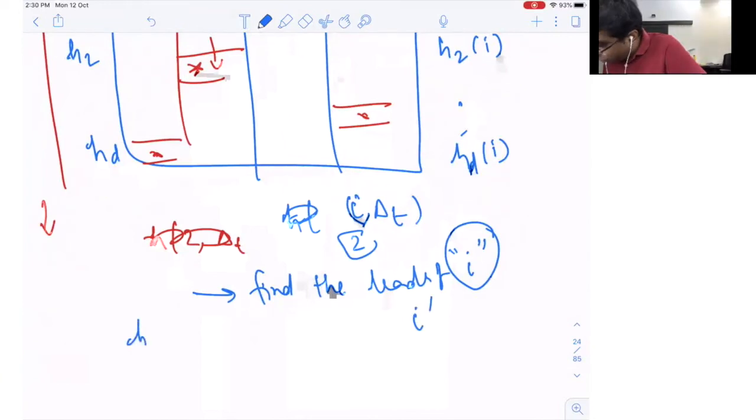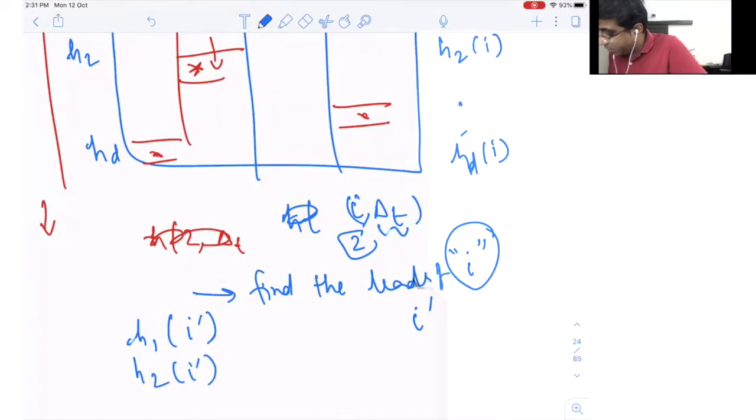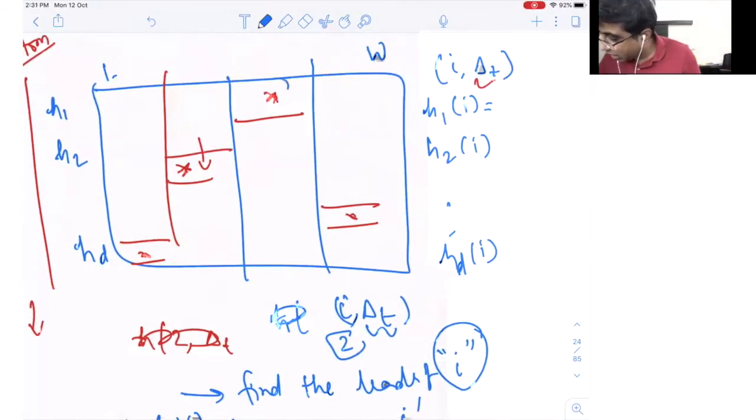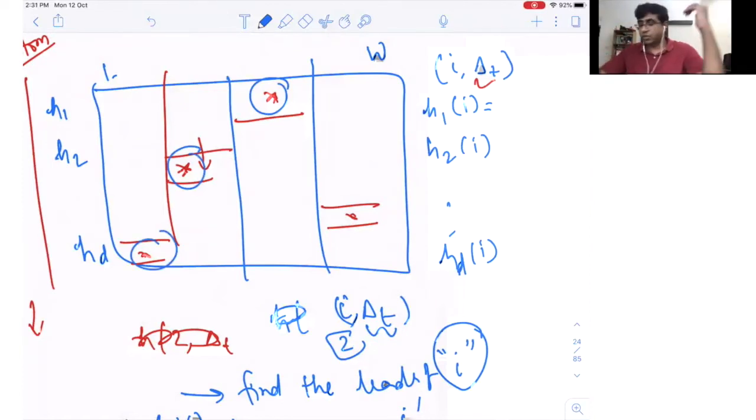Now I will go to h1 of i prime, and there I will be adding or subtracting delta t. h2 of i prime, where I will be doing the same kind of thing. So at each level for this particular i, you find its leader, say i prime, and you go and make changes to that data structure accordingly. So this is what is happening at each different level.